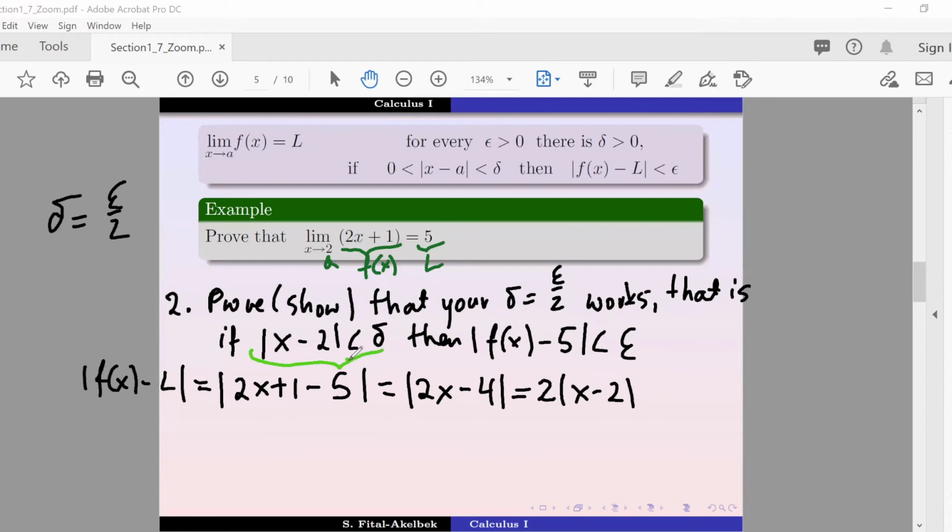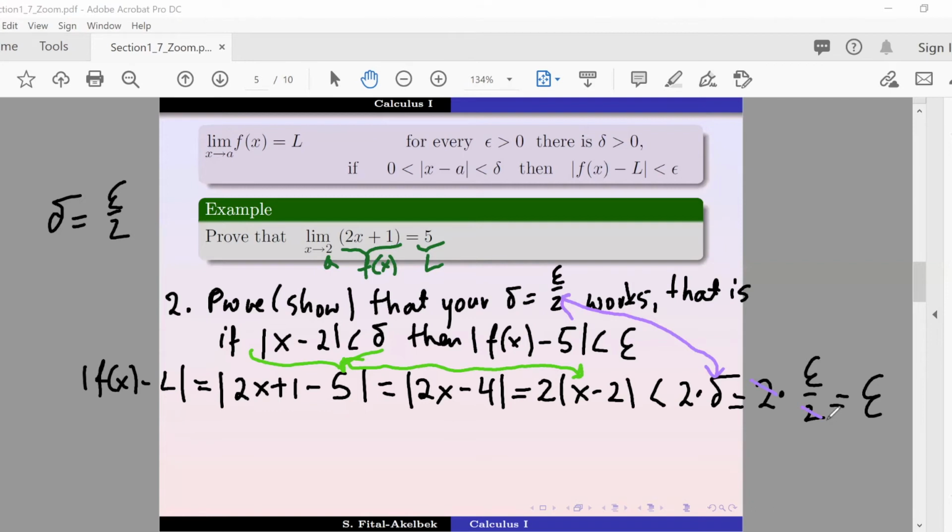We know that absolute value 2 minus x is less than delta. So everything is less than 2 times delta, because this part is less than delta from what we were given. Now I substitute what my delta is. My delta is epsilon over 2. So I have 2 times epsilon over 2, which is epsilon, because those cancel out, right?